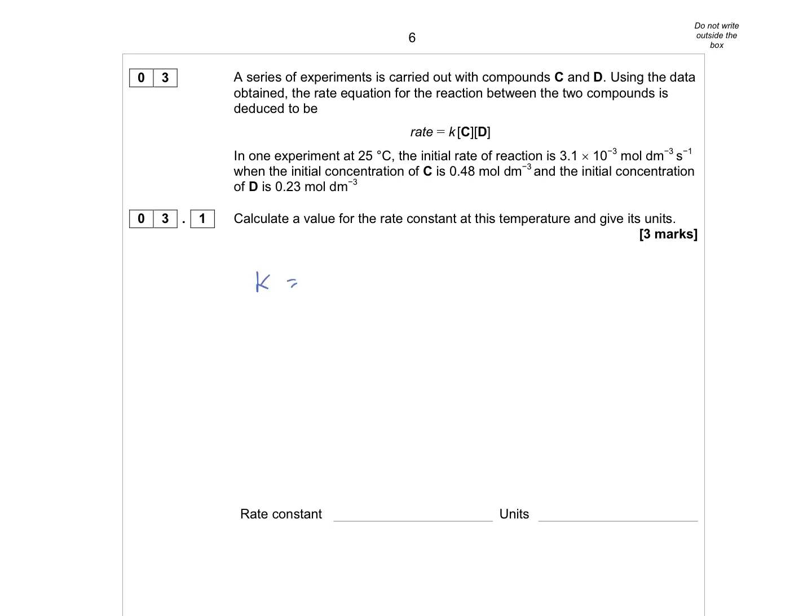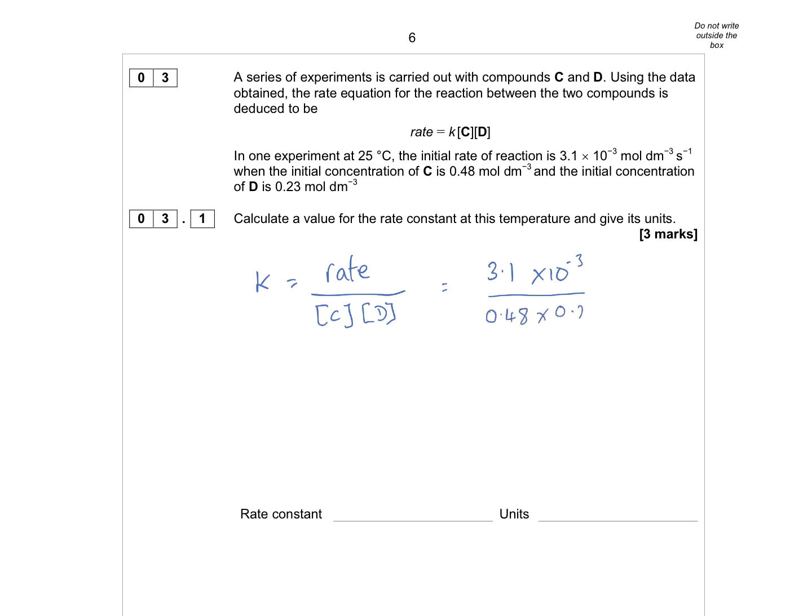Question 3 is again on rates, but this time they've given you a rate equation and some information and asked you to work out a rate constant at this temperature and give the unit. So if you rearrange the rate equation to give you k, it would be rate over the concentration of C and the concentration of D. And then it's just a case of plugging in the different numbers from the question.